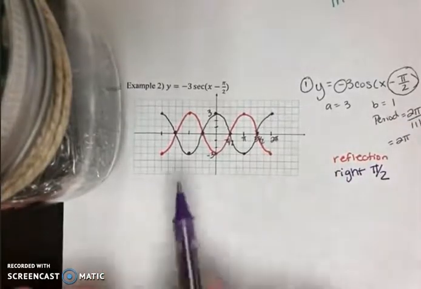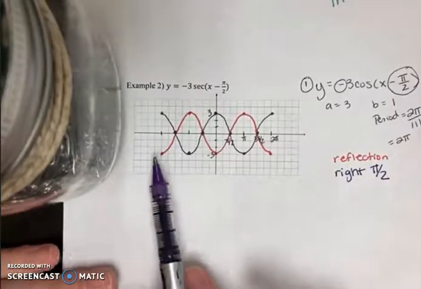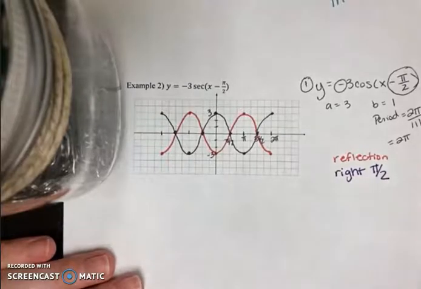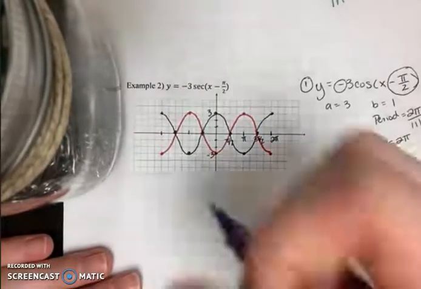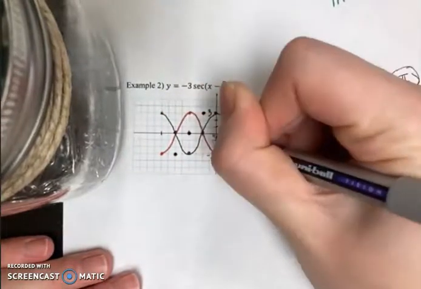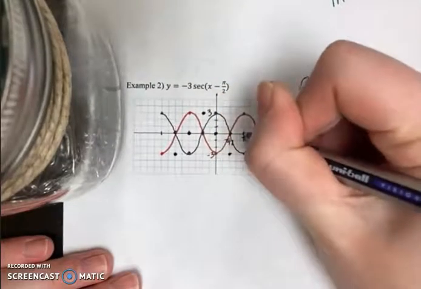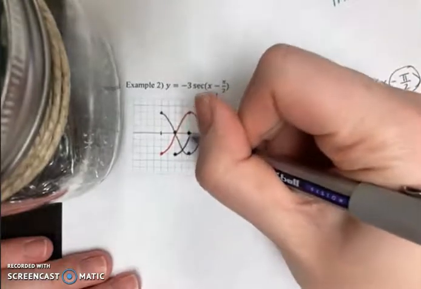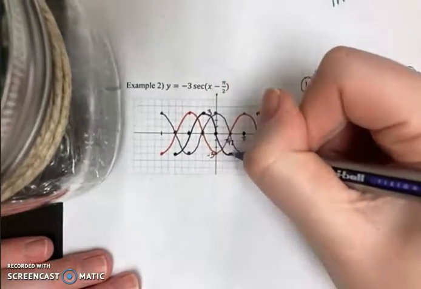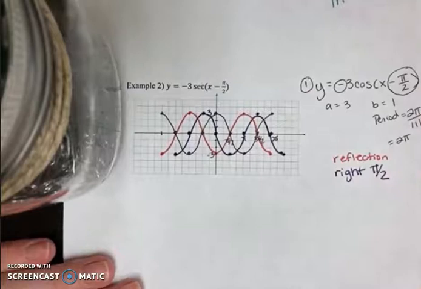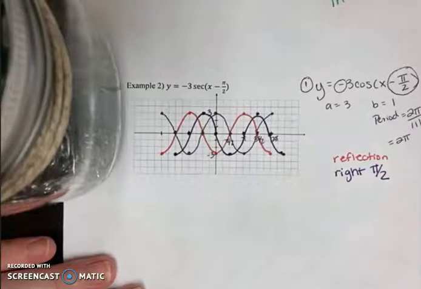Make sure you're looking at your reflected graph. So moving my reflected graph right 1 tally mark, because 1 tally mark is pi over 2. That would make my graph look something like this. So my purple graph is cosine with the transformations. So that's the final cosine graph.